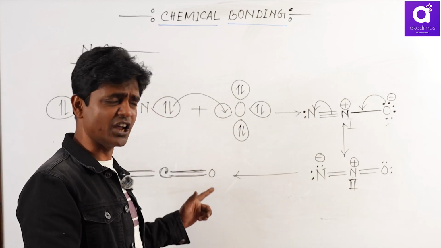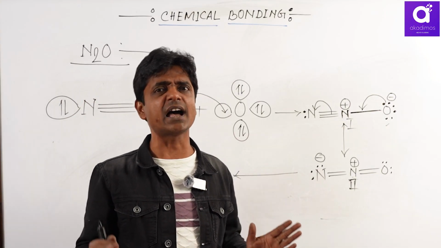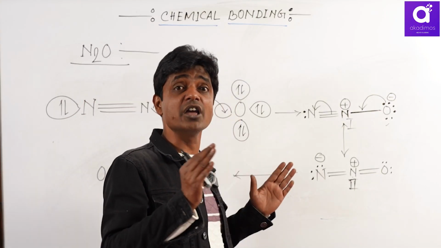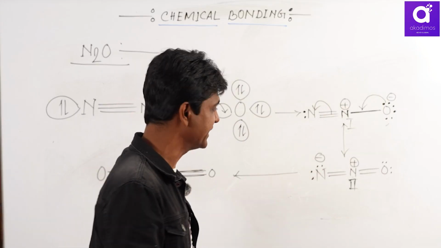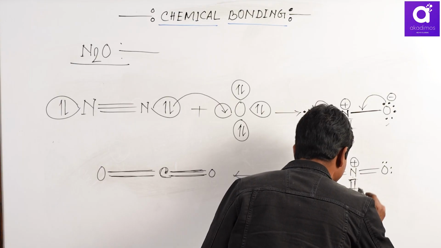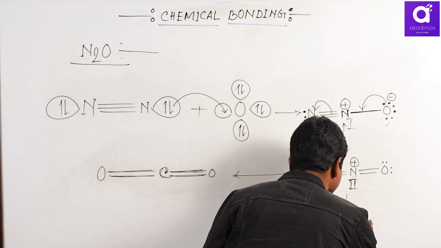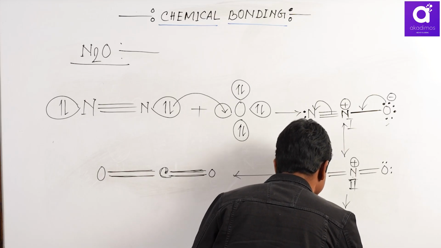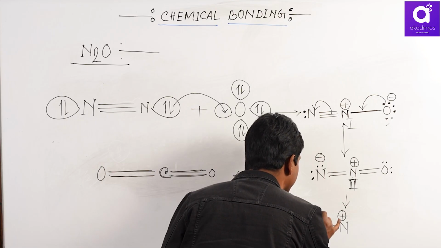Another structure I will draw which is complicated. You will get it later in the P block, the azide ion. See how I will form the azide ion simply from this N2O laughing gas. See, the middle nitrogen remains the same plus. This is double bonded nitrogen, minus with 2 lone pairs of electrons, minus.